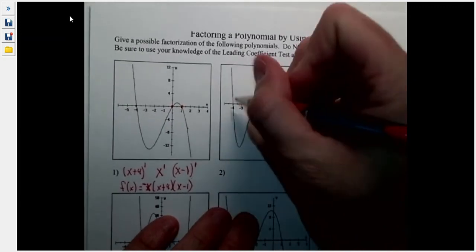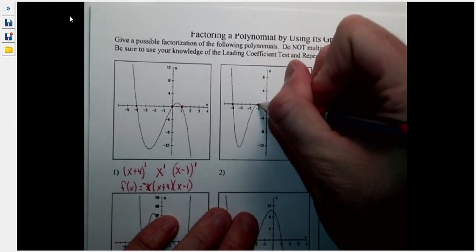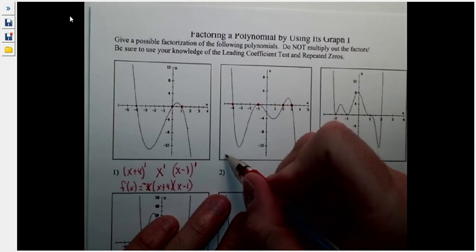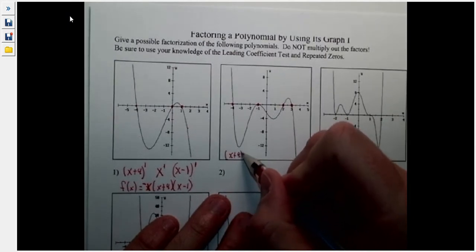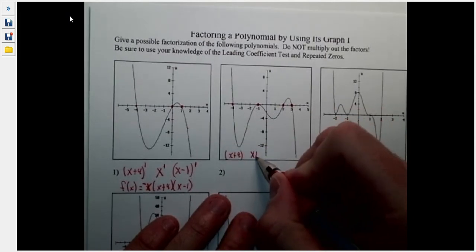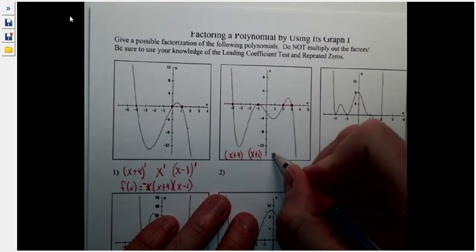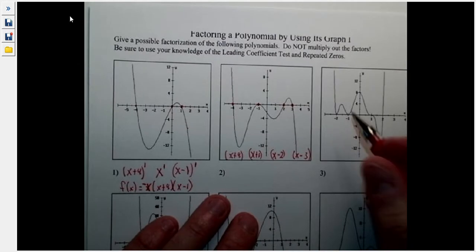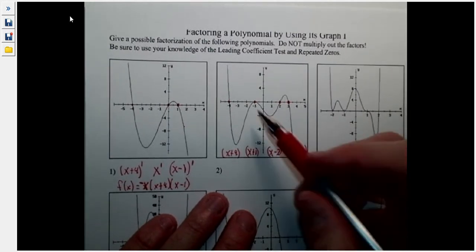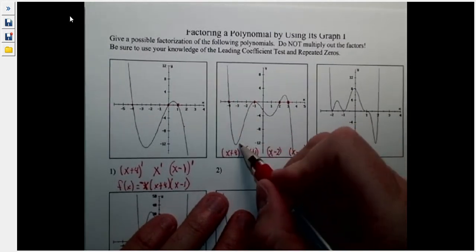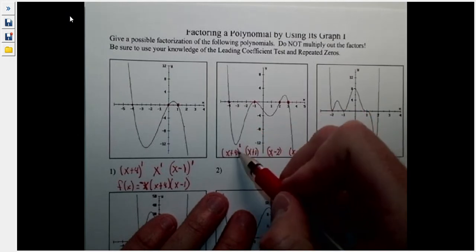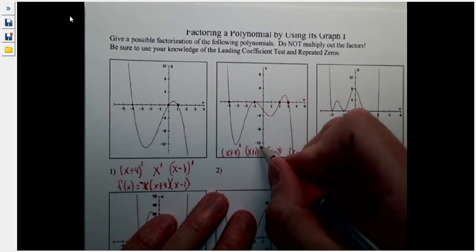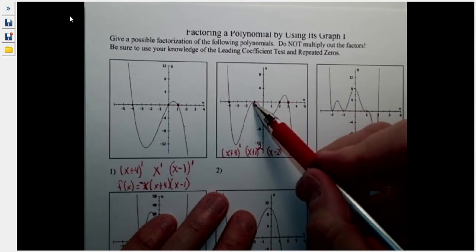Let's try another one. So again, I've got these zeros here. Those zeros come from x plus 4 for that one, x plus 1 for this one, x minus 2 for this one, and x minus 3 for this one. Again, this one crosses linearly, so it's odd, but this one bounces here, so it's even, so we're going to say 2.